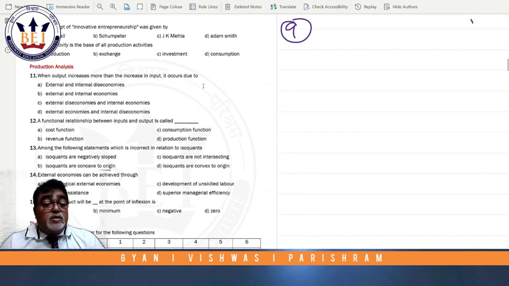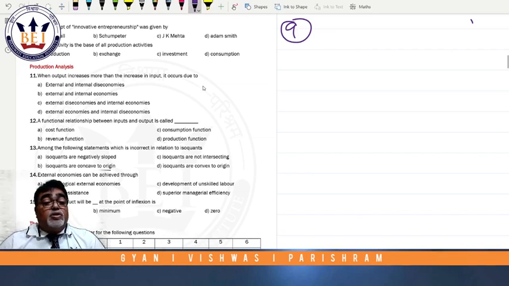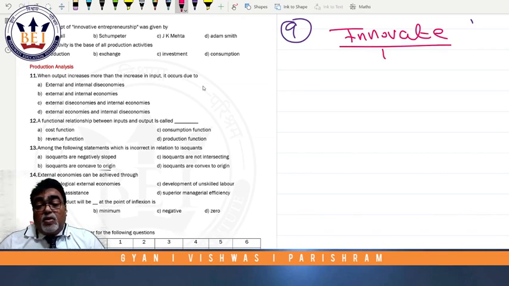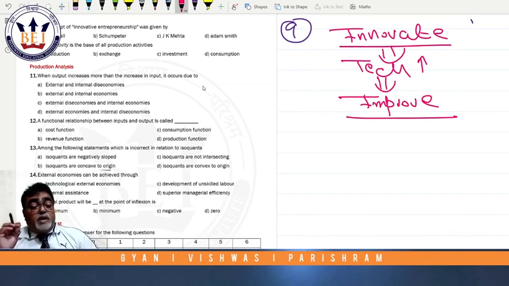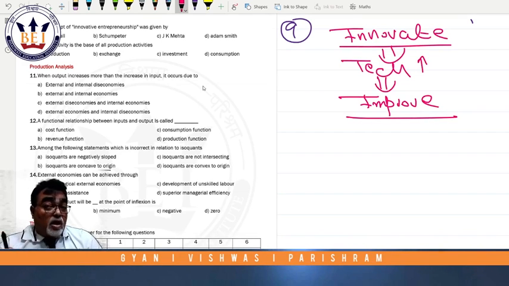And it is Professor Schumpeter who first gave this concept that if an entrepreneur is not able to innovate themselves, he cannot enhance technology, he cannot improve. But innovation means what? Application of invention in the production process.